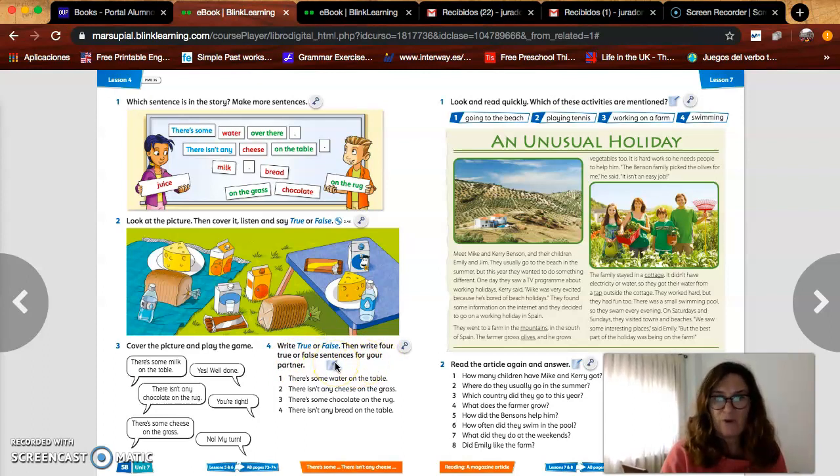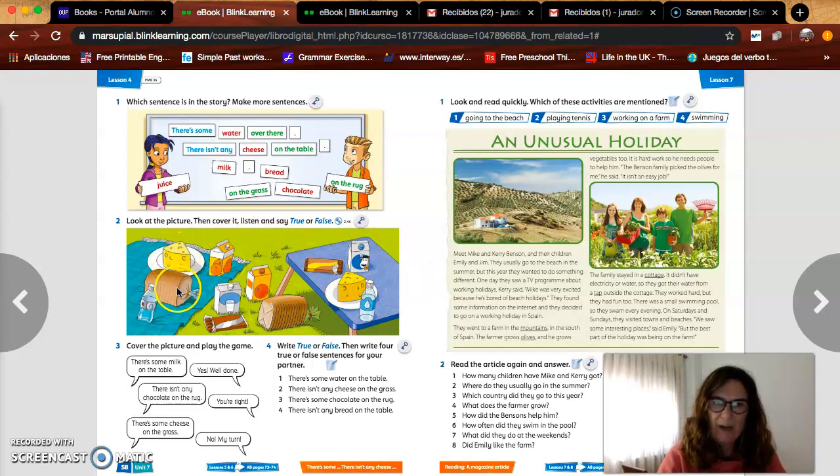Tenéis que, además de poner aquí si son verdaderas o falsas, tenéis que añadir otras 4 que describan lo que hay en este picnic, ¿vale? O bien de las que hayáis escuchado, o bien otras que vosotros queráis hacer, ¿vale? En singular, porque recordad que todo lo que hay aquí es singular.